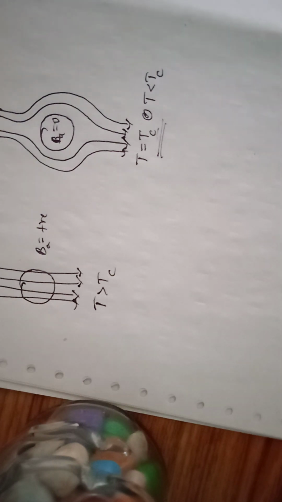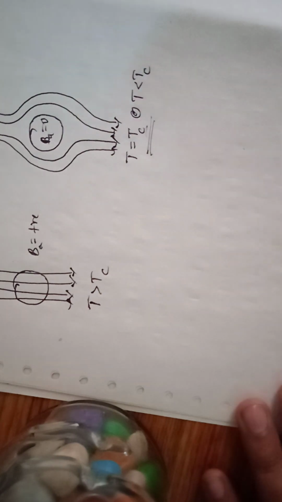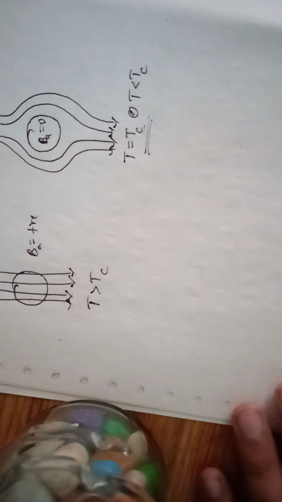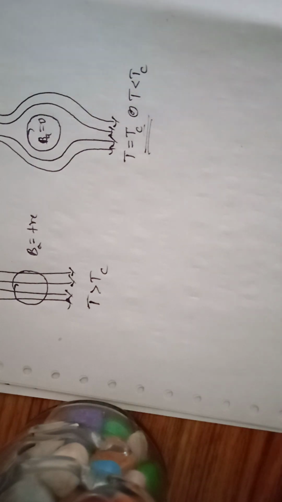For example, magnetic levitated trains, where there is no contact between the track and the wheel of the train. We generally say bullet trains. That is the levitation. The magnet levitates over the superconducting material because it does not allow the magnetic flux lines. That is one of the important, wonderful experimental demonstrations made by these two people.